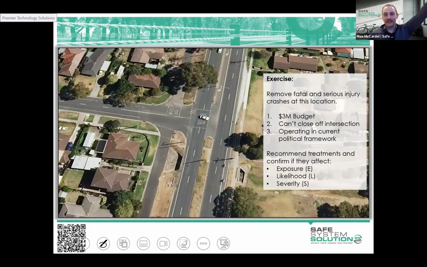Thanks. So the exercise for everyone here is I want you to remove fatal and serious injury crashes at this location. Sounds pretty straightforward. I want you to put on your design hats and think of what are some of the treatments that we could potentially implement to remove the risk of serious trauma occurring here.